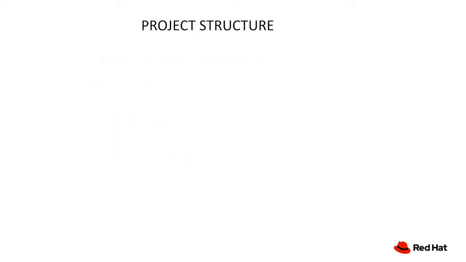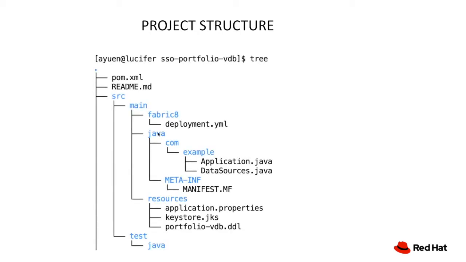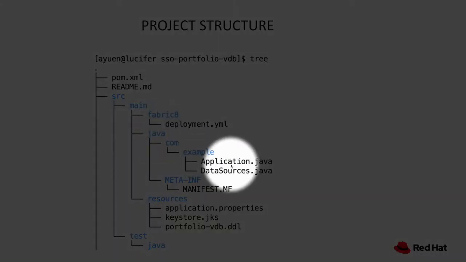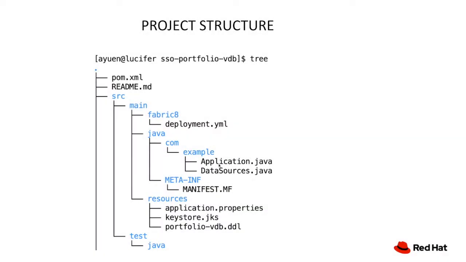And here is the project structure. You can see there are 2 Java files. First is the Application.java file, which is a must-have Java class containing the main method which sets up the Spring application context.